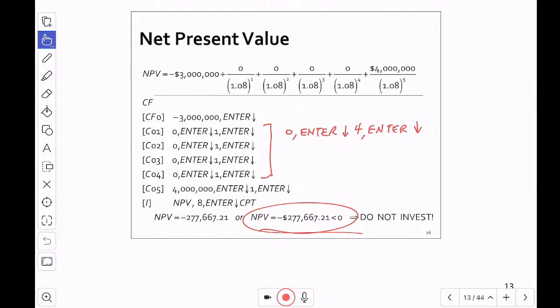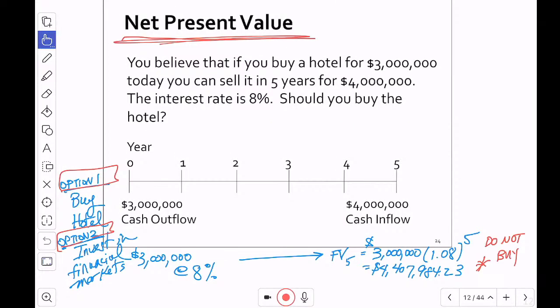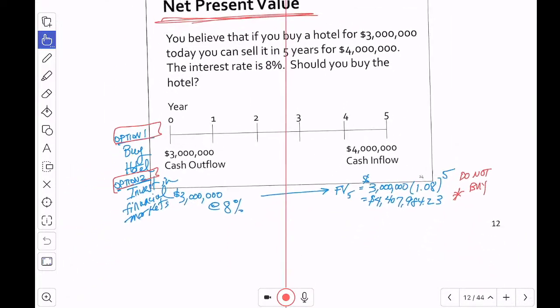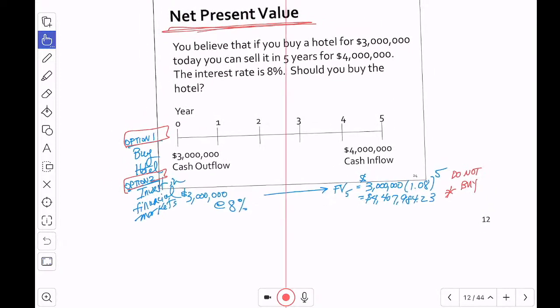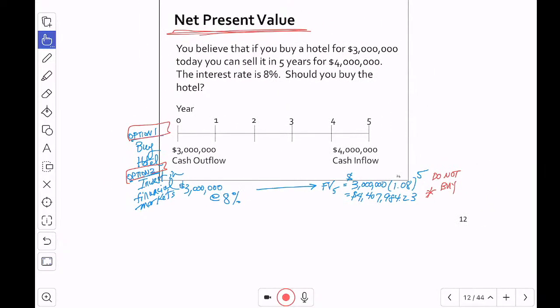So what's happening is we're taking the 3 million as a negative, and then we're discounting this amount of 4 million.